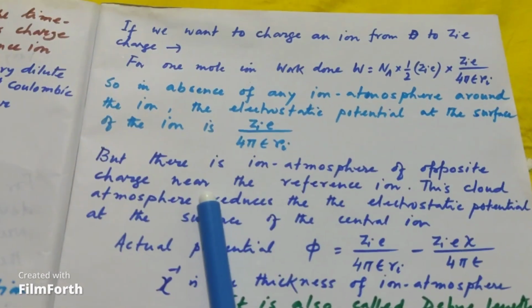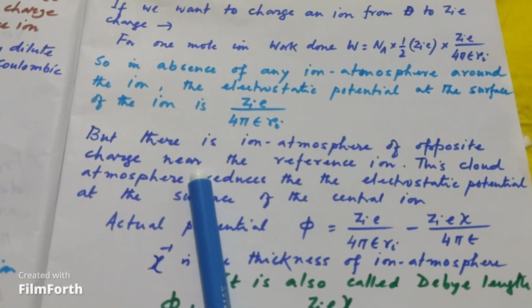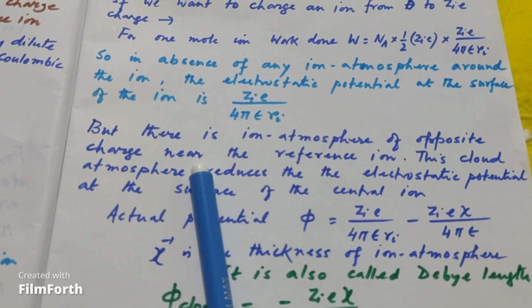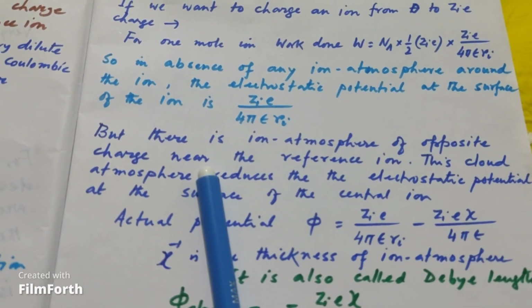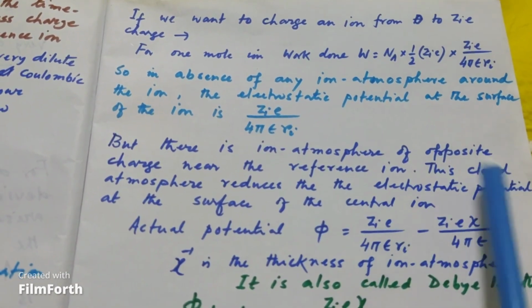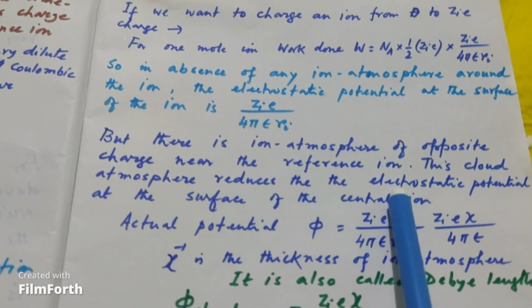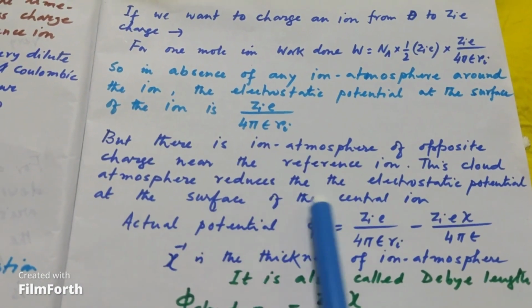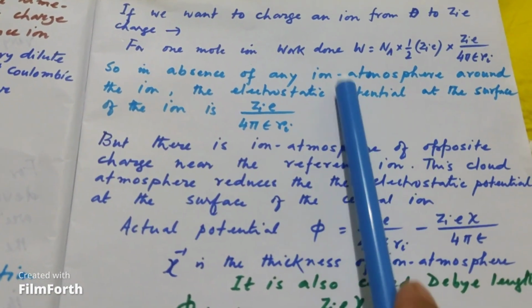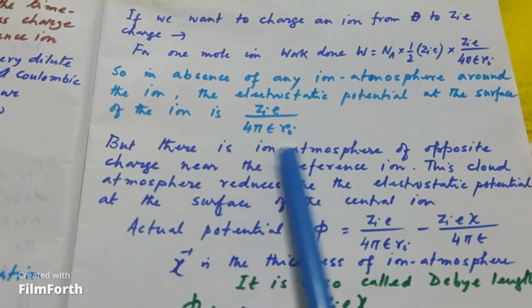But we know, according to Debye and Huckel, that every ion, whether positive or negative, is surrounded by an ion atmosphere of opposite charge, and this cloud reduces the electrostatic potential at the surface of the central ion. So the actual potential will not be Z_i e by 4 pi epsilon r_i.